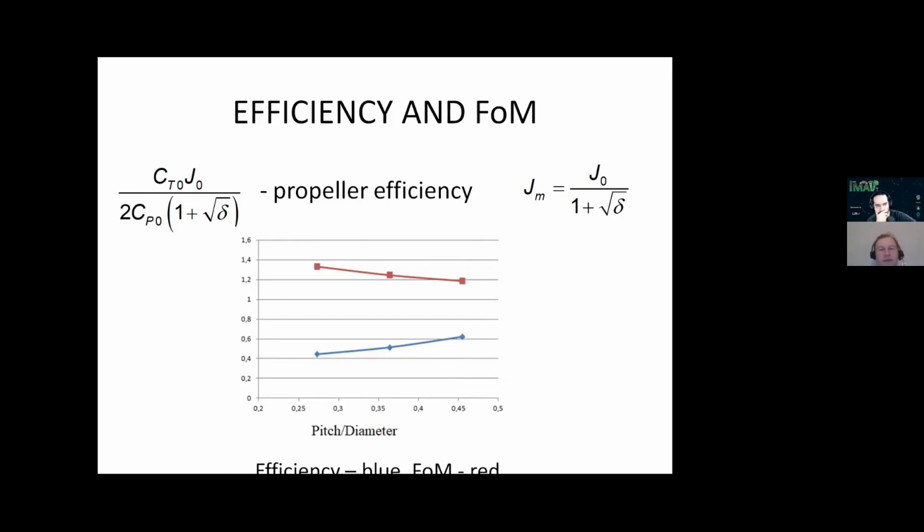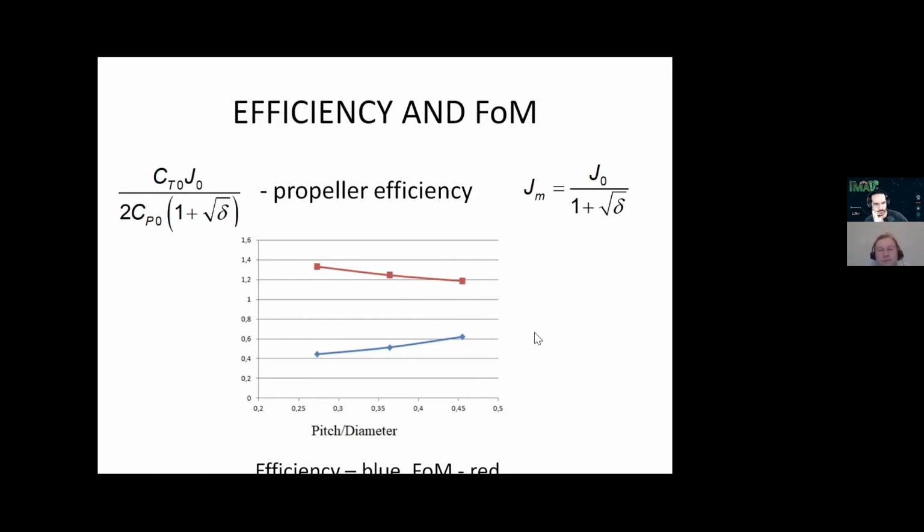We need to make the lift more efficient, so we can use a more efficient propeller, and we know that if we increase the pitch to diameter ratio of the propeller, the efficiency can be increased. But on the other hand, the figure of merit will decrease with the increase of pitch to diameter ratio. This graph gives some information about it for this series of APC sport propellers, and we really see that the efficiency increases and the figure of merit decreases.